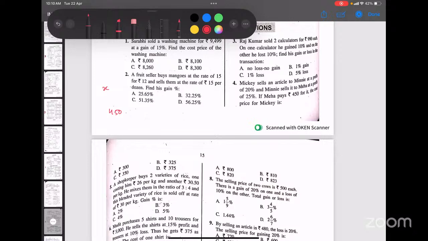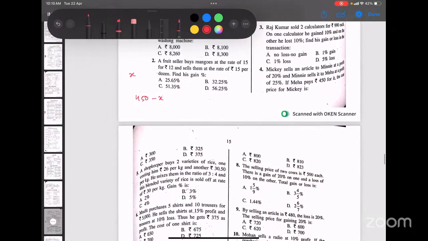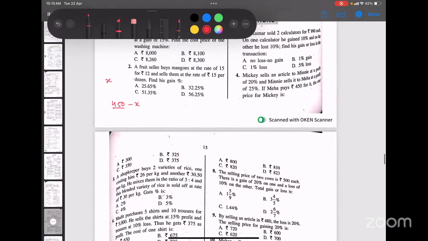With a 25% profit, let's say its cost price for Mini is X. It is in profit, which means (450 minus X) divided by X into 100 will be equal to 25. So this will be 450 into 100 minus 100x is equal to 25x.